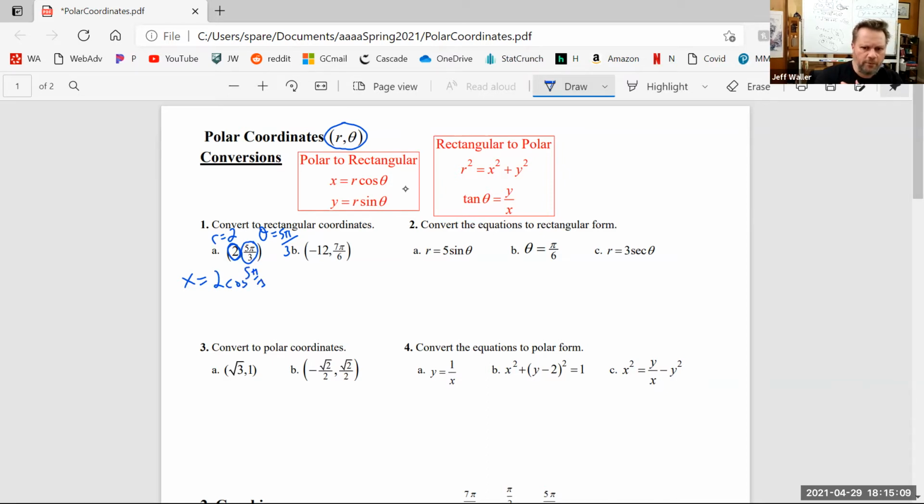Normally I would put in the instructions that I want the exact answer. Sometimes I'm going to give you weird angles that you have to plug into the calculator, but this is one you're supposed to know. So take a minute and figure out what that is. And of course, y is going to be 2 sine 5 pi over 3.